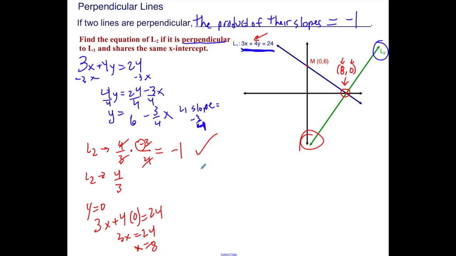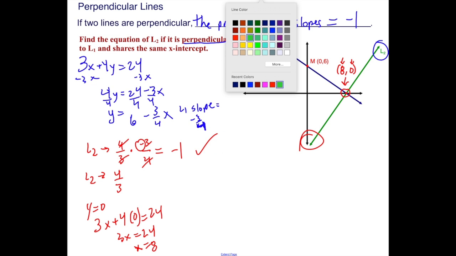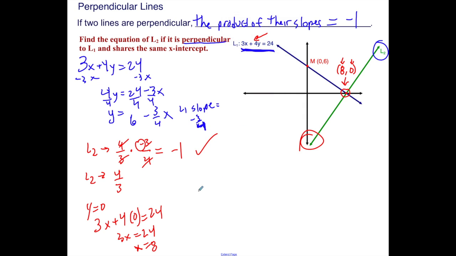Now watch this. We know so far the equation is going to be y equals the perpendicular slope x plus c. We're going to use this point here to find out what c is. So here we know if x is 8, y is 0. So y is 0, 4/3, we know x is 8, plus c.